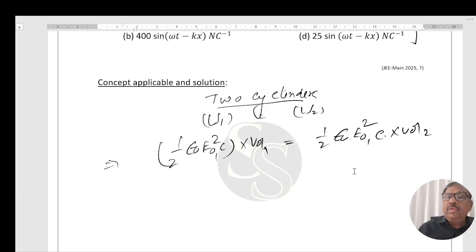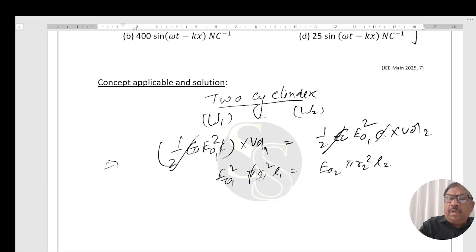Right? In that case, half epsilon naught is common for both the cases. C is common for both the cases. Then E naught 1 square into volume, cylindrical pi R1 square L1, equals E naught 2 square pi R2 square L2.